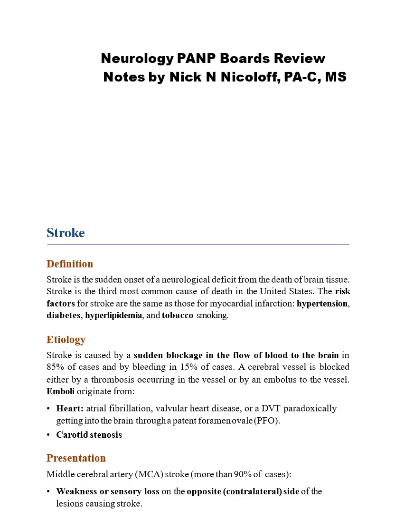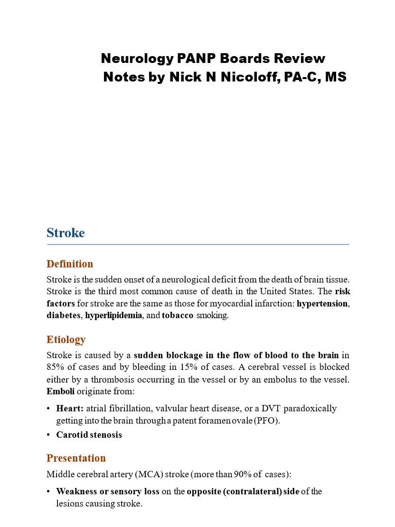Etiology. Stroke is caused by sudden blockage of the flow of blood to the brain in 85% or by bleeding in 15%. A cerebral vessel is blocked either by thrombus, which occurs in the vessel, or by embolus to the vessel.